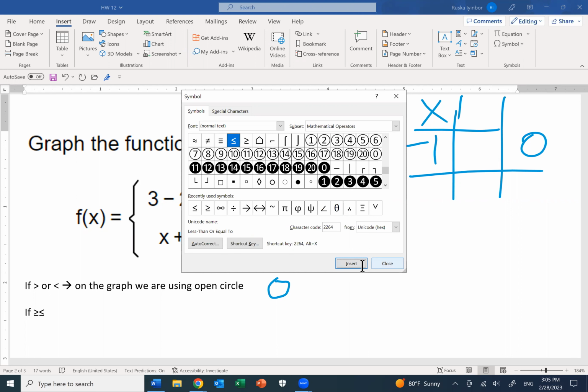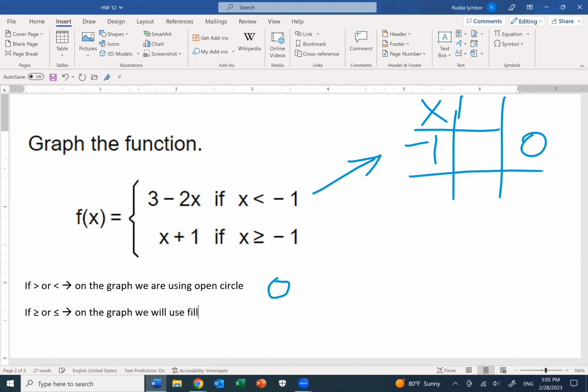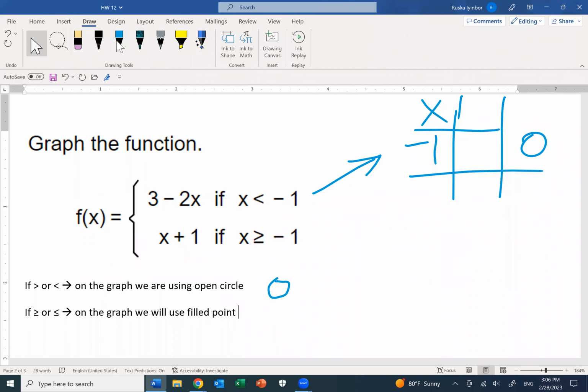So if you have one of these symbols, greater or equal or less or equal, then in this case, you're going to use on the graph a filled point, which means on the graph it's going to look something like this.